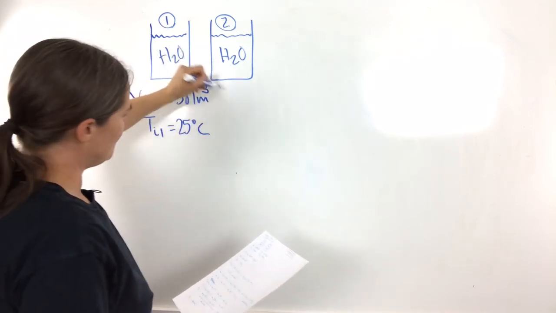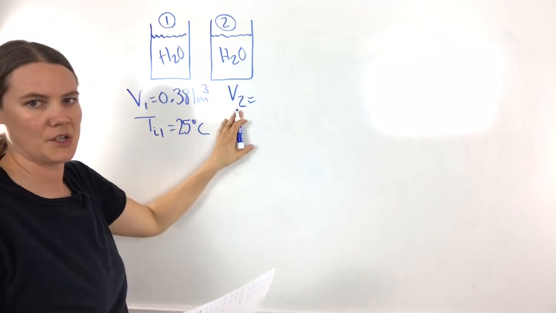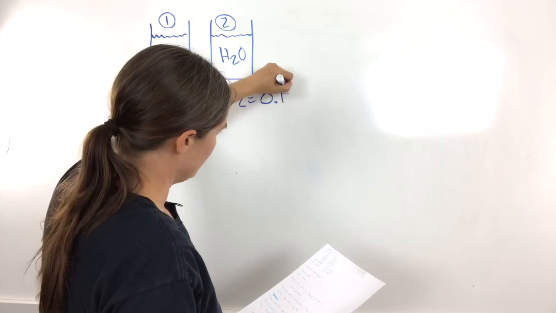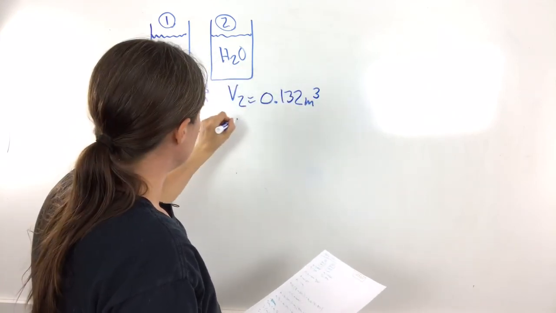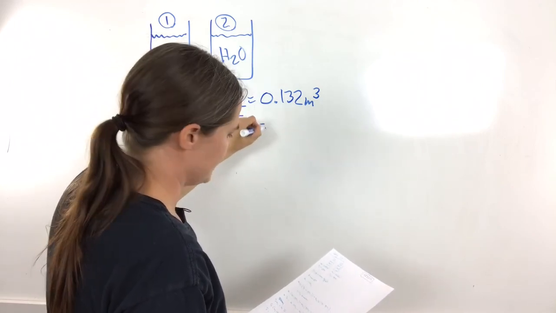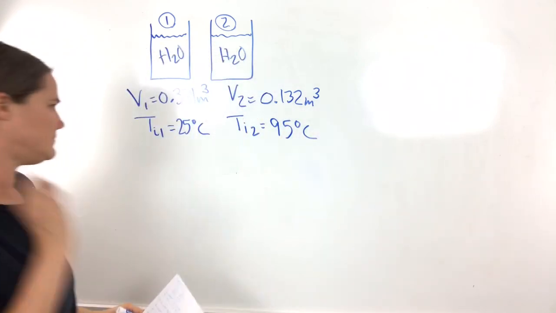For the second one, V2, the volume is equal to 0.132 meters cubed, and the temperature initial of the second one is equal to 95 degrees Celsius.